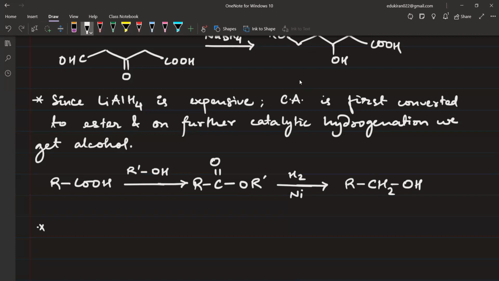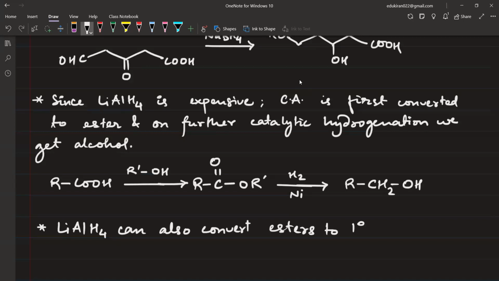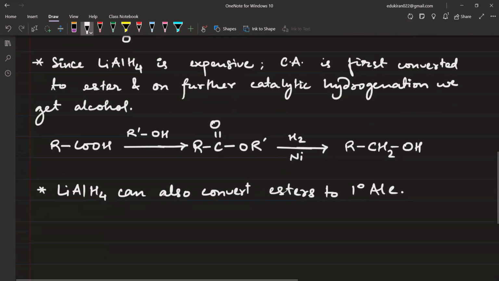Okay, right, another point: lithium aluminium hydride can also convert esters to 1 degree alcohol. But nobody uses this method of converting ester to alcohol by using LiAlH4 because it is very expensive.